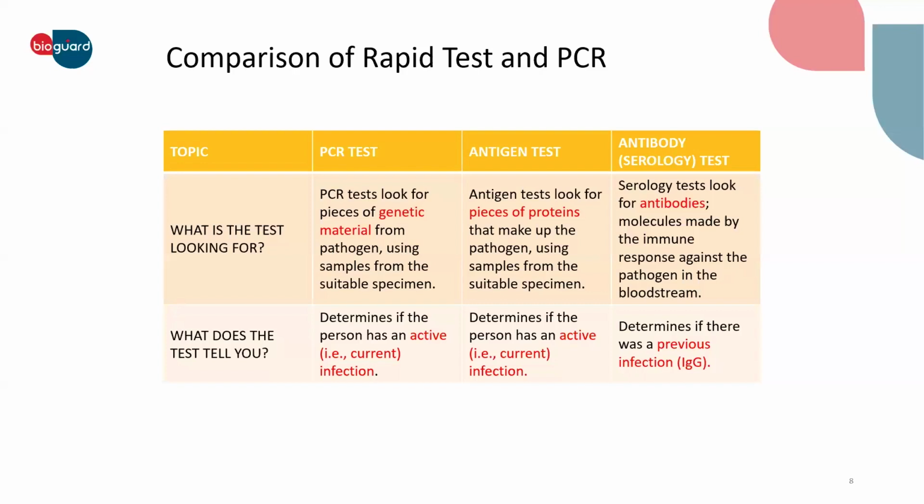So it can only tell us if the individual has had a previous infection, but it cannot tell us if the animal is still infected or has already recovered from the past infection, because the antibody, especially IgG, will stay for some time.